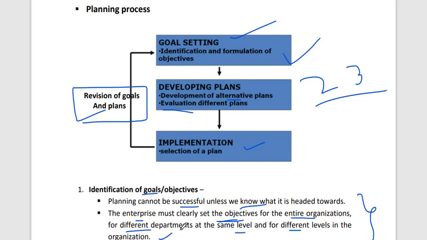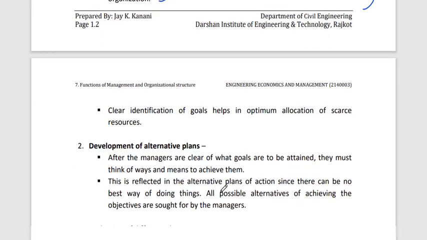All the objectives for different departments, overall goals or different levels, we have to make sure that identification of goals as well as objectives is necessary. First of all we have to make goals and objectives at the different departments at the same level also, and for the entire organization.